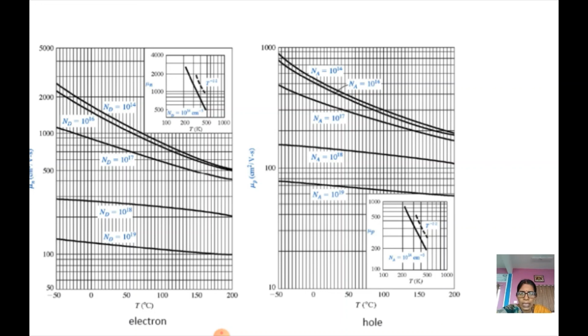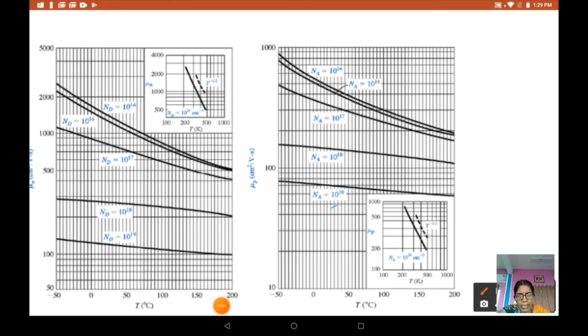We can see here that as the concentration of the acceptor ions decreases, the mobility increases. In this case also you can see that as the concentration of the ions increases, the mobility decreases.